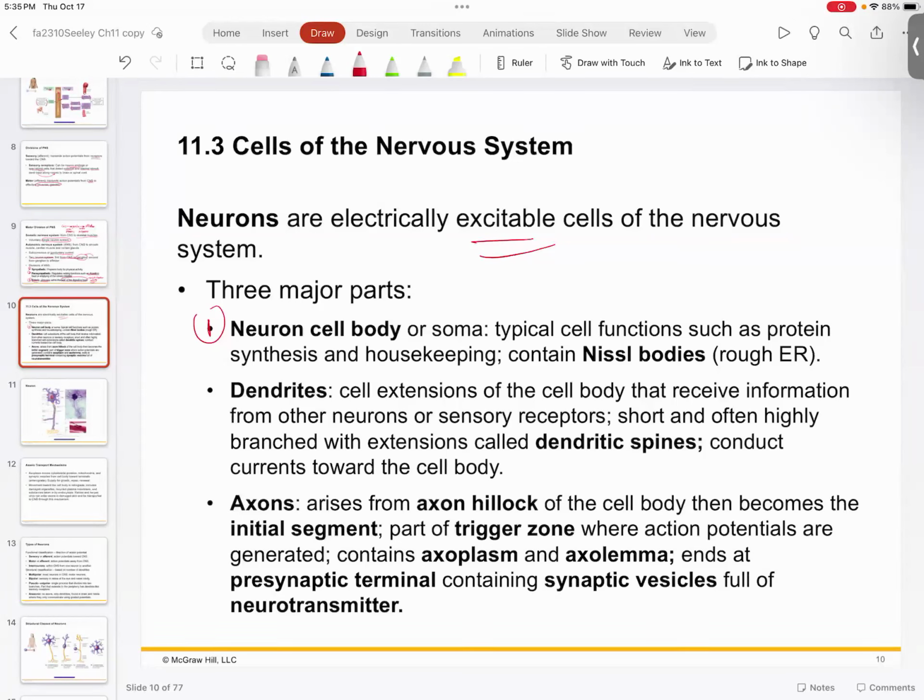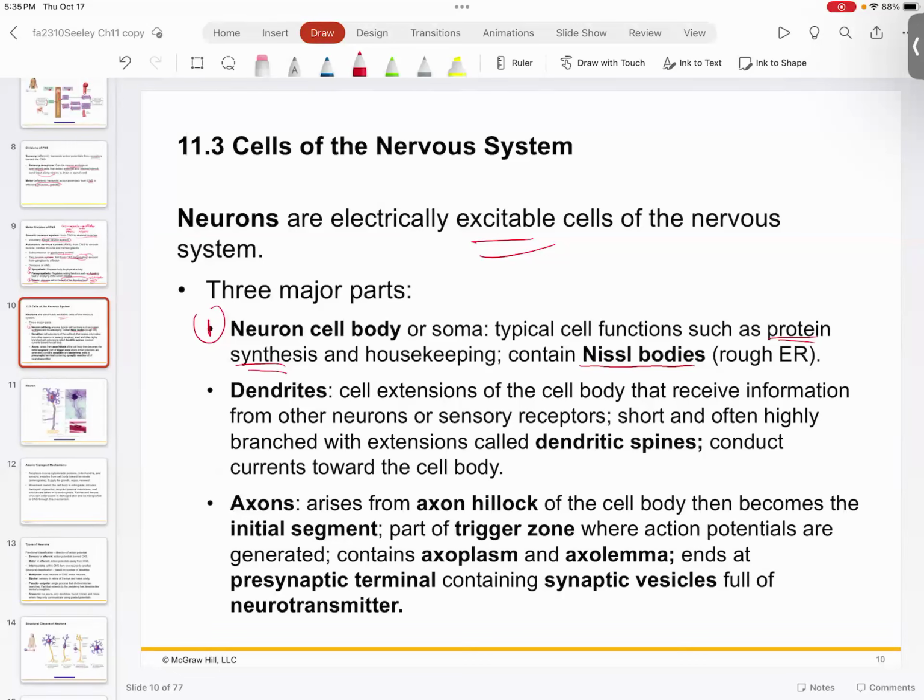That's essentially what the neurons are doing: a lot of protein synthesis. For instance, these are the ones making the neurotransmitters, and they're doing basic cell maintenance, keeping the cell healthy and alive. They have a special type of rough ER. You might remember rough ER from your general bio: it's the organelle in the cell that is studded with ribosomes, and it's responsible for the synthesis of secreted proteins, lysosomal proteins, and membrane proteins.